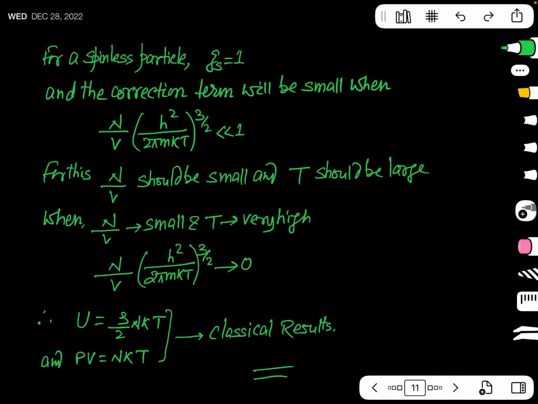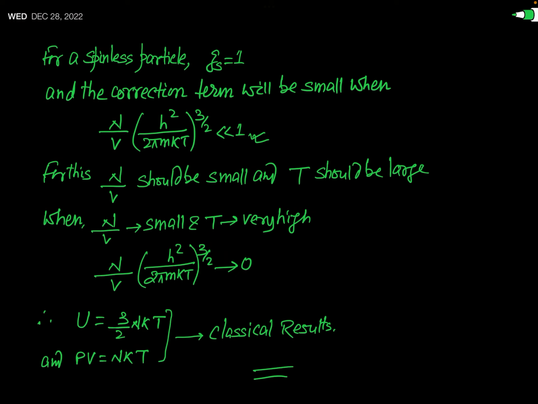So N by V times (h squared divided by 2 pi m kT) to the power 3 by 2, if it is much smaller than 1, then this correction term can be neglected and the equation of state will be the same as that of a classical gas.